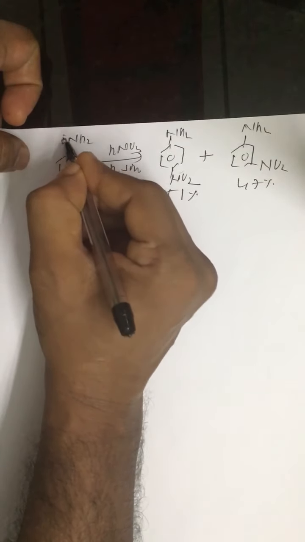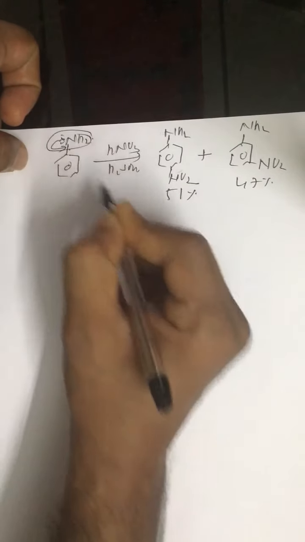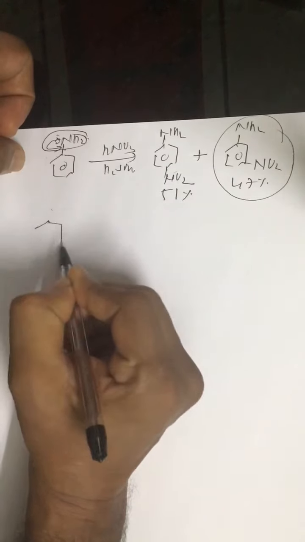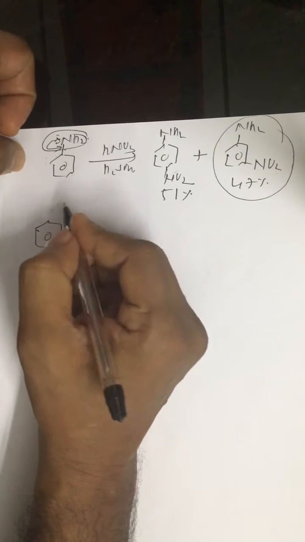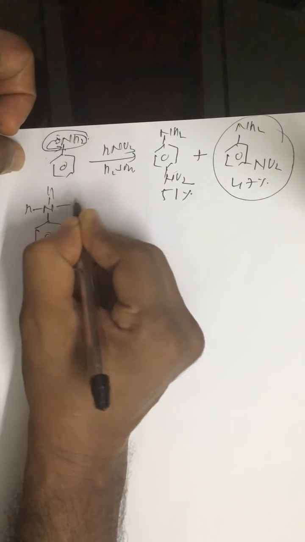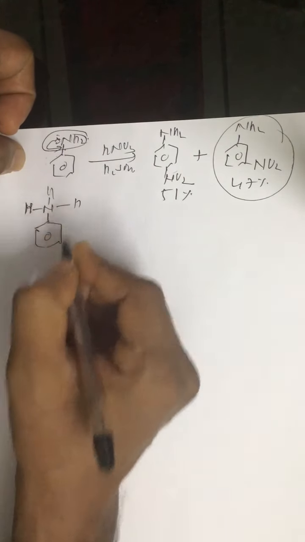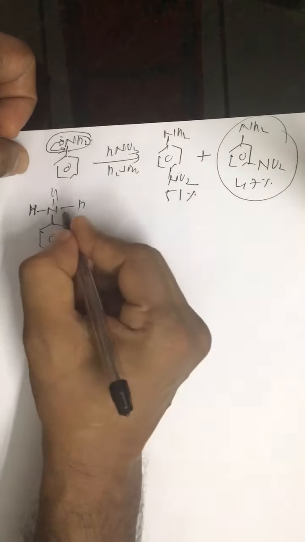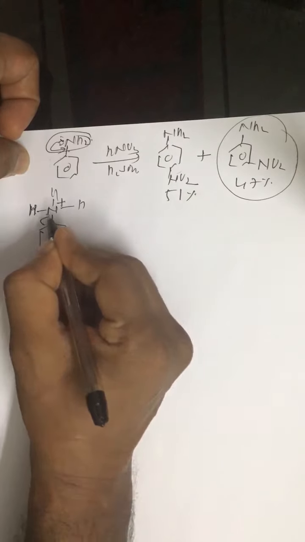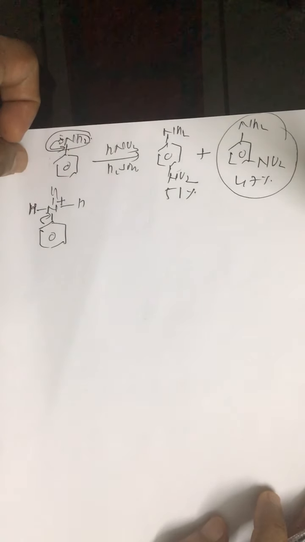So the question is, the NH2 group is an OP director because it is a ring activator. Why do we get the meta substituted product? The answer is, when aniline is treated with HNO3 and H2SO4, since aniline is basic, it accepts H positive from the acid, and this nitrogen becomes positively charged, and hence it becomes a meta director.